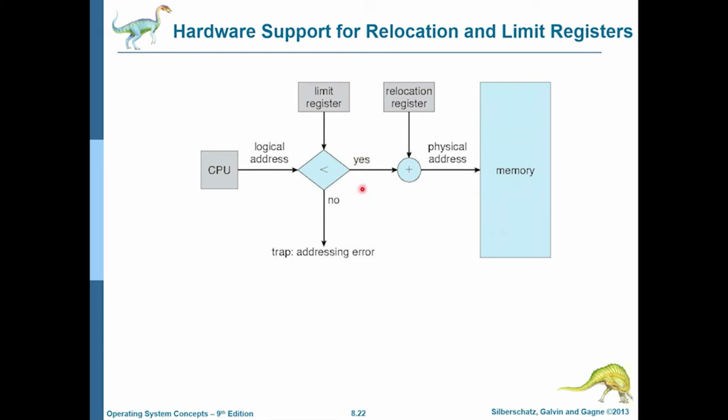For the OS, it matters that whatever addresses the CPU generates are within the range, and that wherever it has placed the process, the physical addresses are actually generated in that region, because the relocation register has been set to the base of that region.